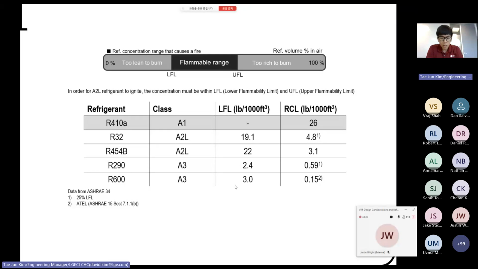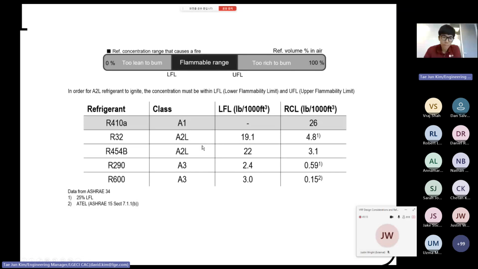Propane and butane, being A3, have an LFL of 2.4 and 3.0, which means even the smallest concentration in the air can ignite them. Whereas R32 and R454B both have a much higher LFL compared to propane and butane, so it is very difficult to ignite the A2L refrigerants.